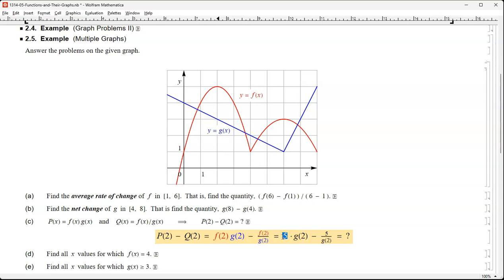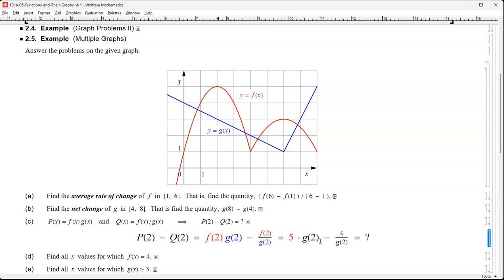So f of 2 is 5. A little bit bigger font will be helpful. g of 2 we have yet to find out. How's that? Okay, alright, if you find g of 2, then you're through. x is 2 and move up to the graph of g, blue, and that is 3. Did I get it right? 3?